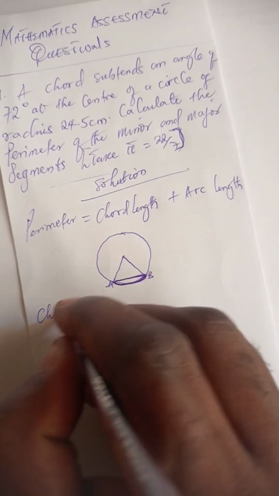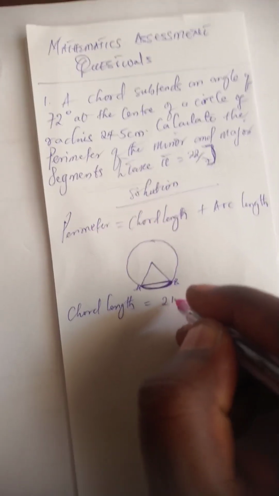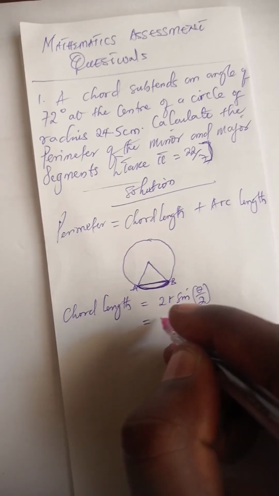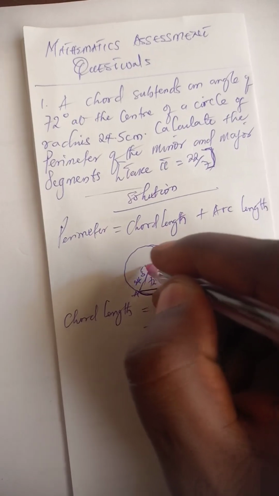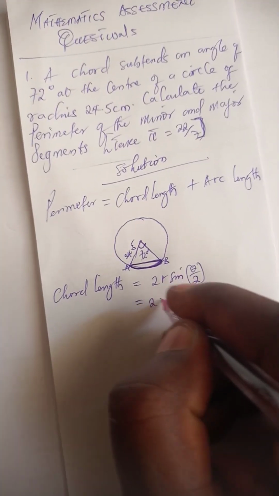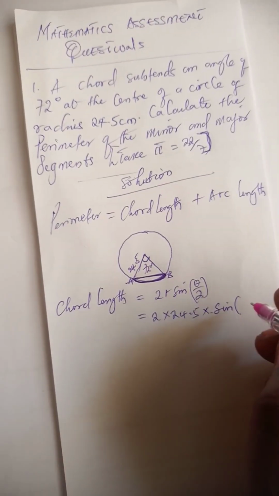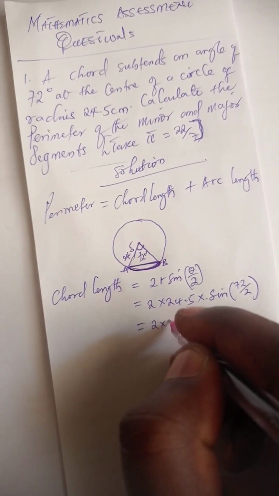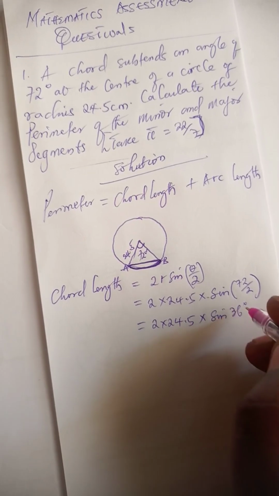The formula to get the chord length is going to be 2r sine theta over 2. And then if the angle here is 72 degrees, the radius is 24.5, then we'll be having 2 times 24.5 times sine, our theta is 72 divided by 2, so we'll then be having 2 times 24.5 times sine 36 degrees.